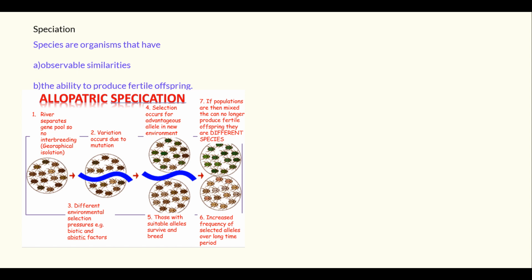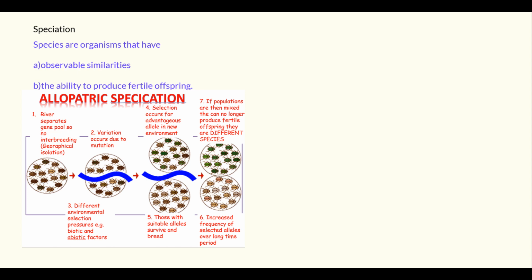browner colour. So selection occurs, an advantageous allele will be generated, and those that have the allele will be able to survive, will be able to reproduce and pass on this advantageous allele. The frequency of those alleles will increase. So points 2, 3, 4 and 5 are very similar to what we've looked at already.